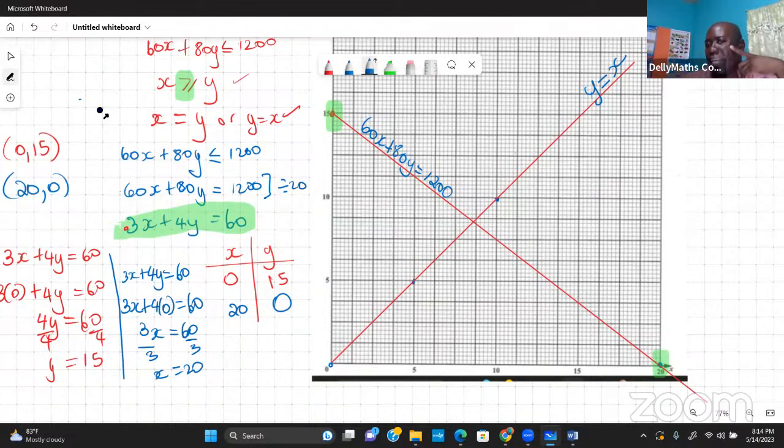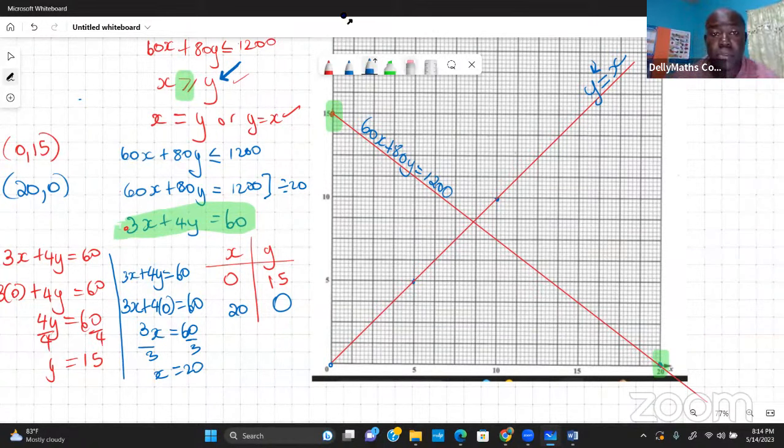So this is the line where y is equal to x. Please read from where y is to know what to do, not where x is. Even if x is there, because y is there, it's fine. Y is the boss.